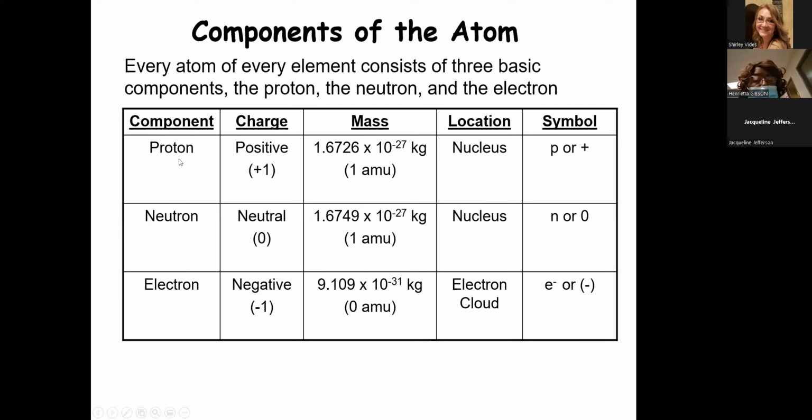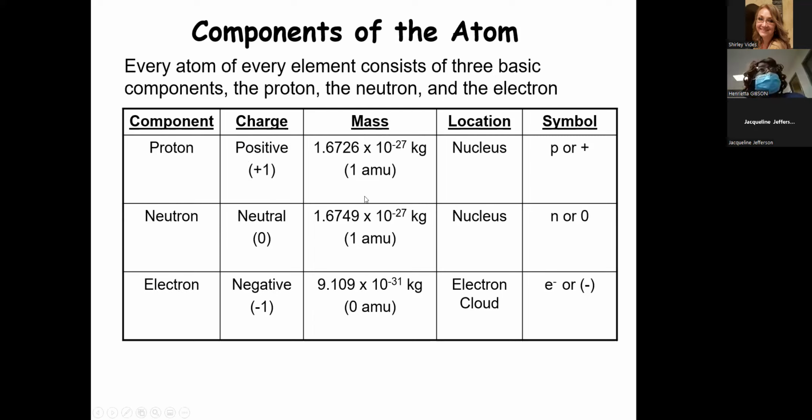The charge for a proton is positive, for a neutron is neutral, and for an electron is negative. If you notice, proton starts with P, so positive. Neutron starts with N, so it's neutral, right? And the electron is negative. You just got to remember it.